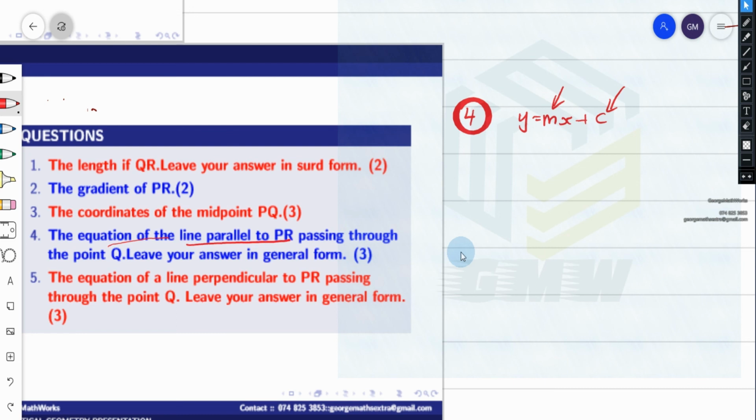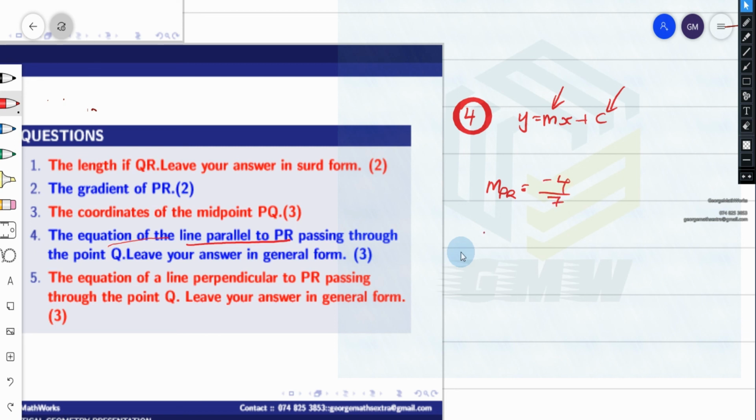Now the question is, when do we say two lines are parallel? We said two lines are parallel if and only if their gradients are equal. So if the line whose equation I want to calculate is parallel to PR, it simply means that the gradient of PR will be the same as that gradient. We got the gradient of PR to be minus 4 over 7.